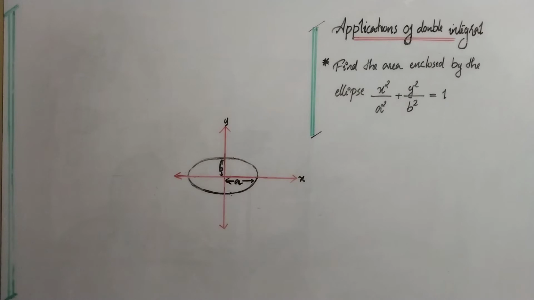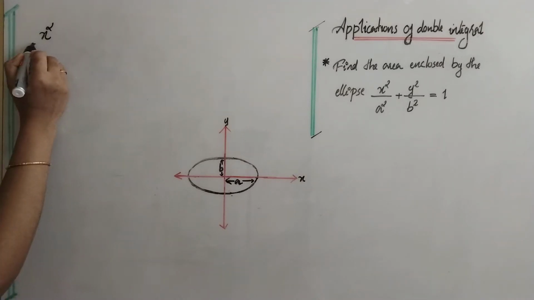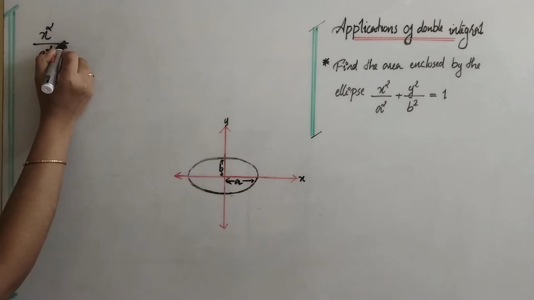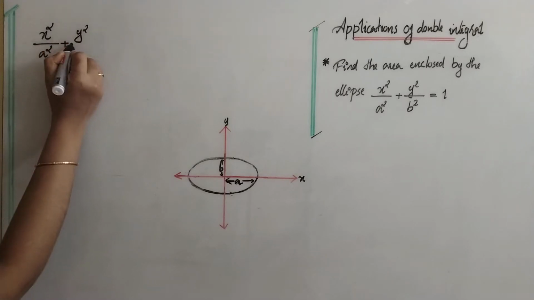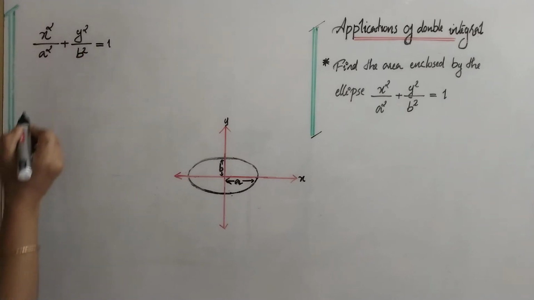Find the area enclosed by the ellipse x square by a square plus y square by b square is equal to 1 using double integral. Here the equation of ellipse is given: x square by a square plus y square by b square is equal to 1.